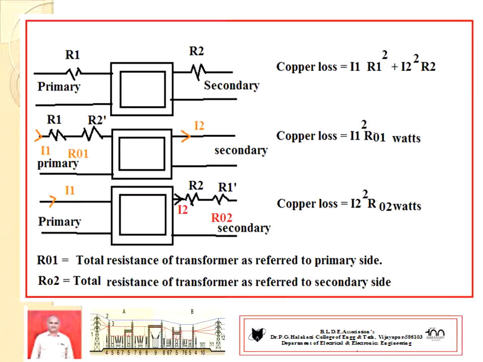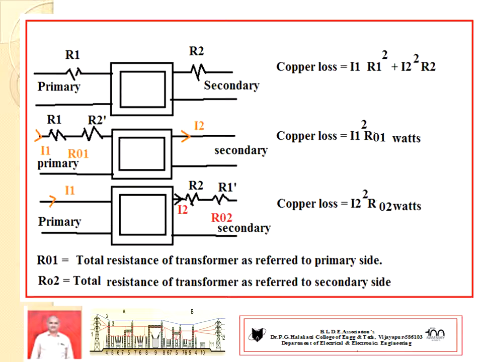Hence we can calculate the equivalent resistance of the transformer as referred to the primary, which is taken as R01. R01 is known as the equivalent resistance of the transformer as referred to the primary side. So you know the total resistance with reference to the primary side. What is the current in the primary? I1. Hence I1 square R01 also gives the copper loss.